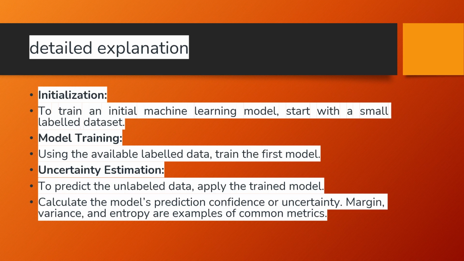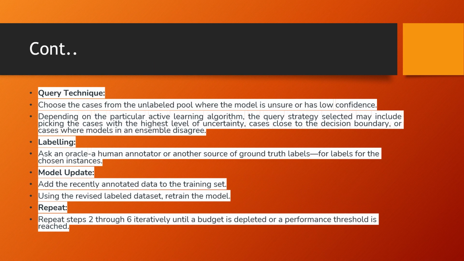Then model training: using the available labeled data, train the first model. Then uncertainty estimation: apply the trained model to predict the unlabeled data and calculate the model's prediction confidence or uncertainty. Margin, variance, and entropy are examples of common metrics. These are the metrics we need to focus on.